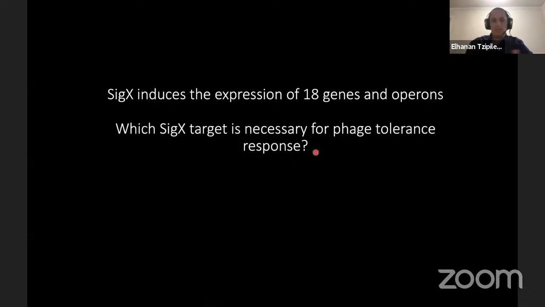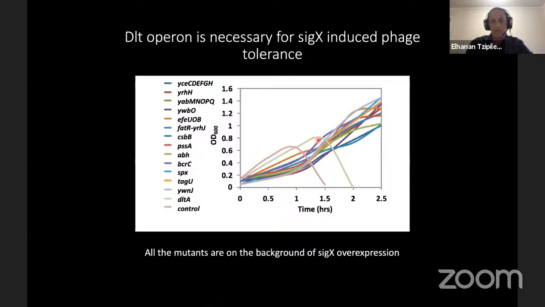But sigma X is a sigma factor, and it induces the expression of 18 genes and operons. So the next question is what specific sigma X target is necessary for this phage tolerance response? And to explore this question, we did a kind of screen where we knocked out 14 out of the 18 targets of sigma X in the background of sigma X overexpression, and looked for phage tolerance.